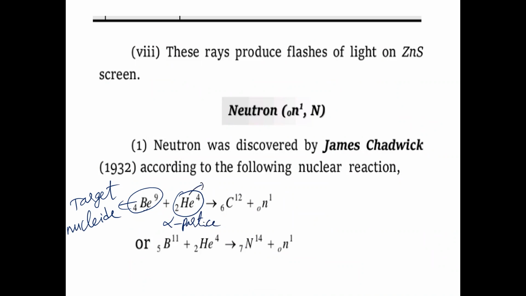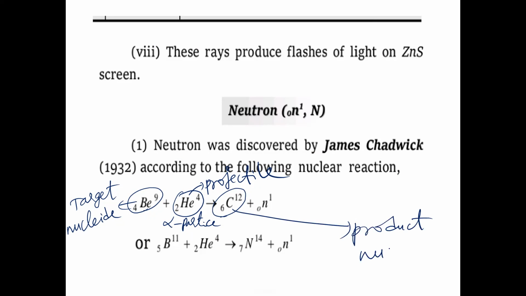This alpha particle acts as a projectile. This projectile particle will bombard the target nucleus. Then the target nucleus will change into some product nuclide. Product nuclide is produced here.